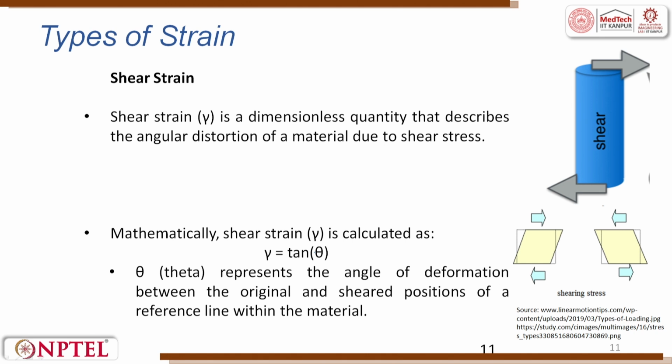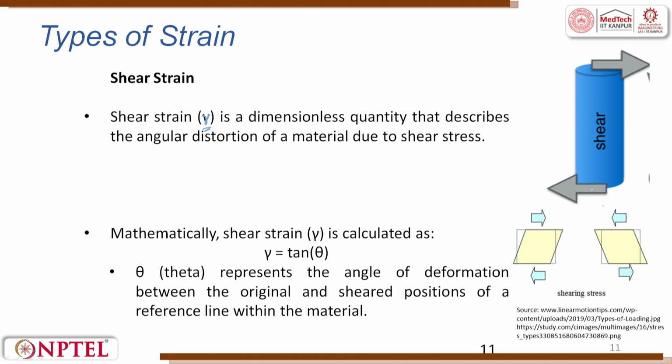Shear strain. We have tensile stress, compressive stress, shear stress. In the same way, we have tensile strain, compressive strain and shear strain. Shear strain is represented by this terminology. It is a dimensionless quantity that describes the angular distortion of a material due to shear stress.